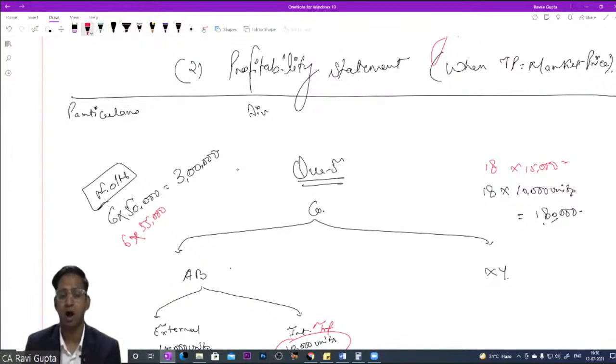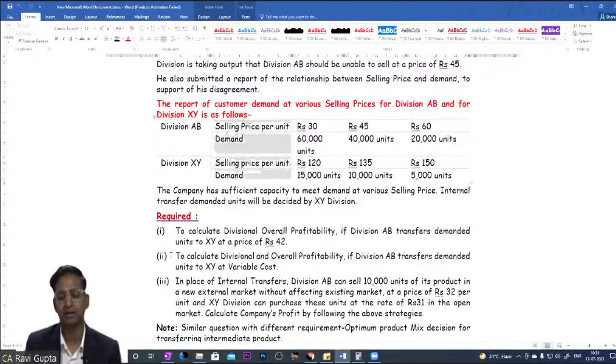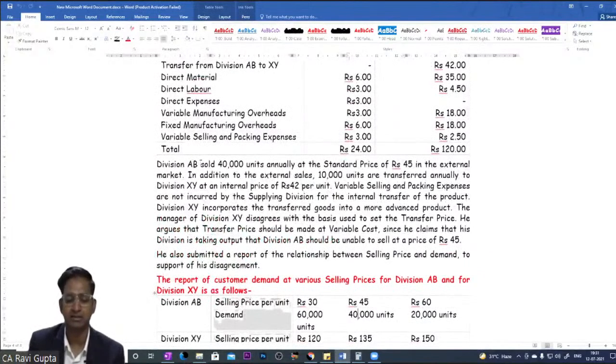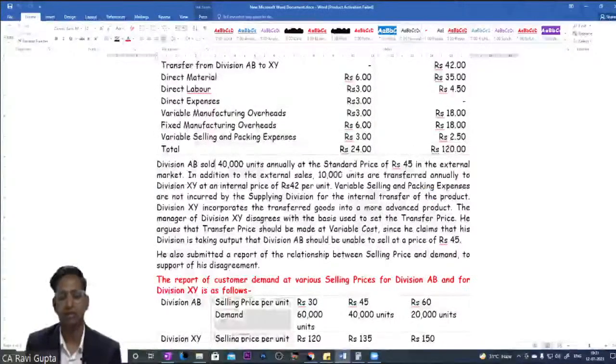So sir, how have we calculated this 3 lakh rupees? If this would have been the first part and this the second part, should we have calculated our fixed overhead at 55,000 units? No, my dear friend. How I have concluded this point, please see, they are saying that this is annual. 40,000 units are sold externally annually and 10,000 internally.